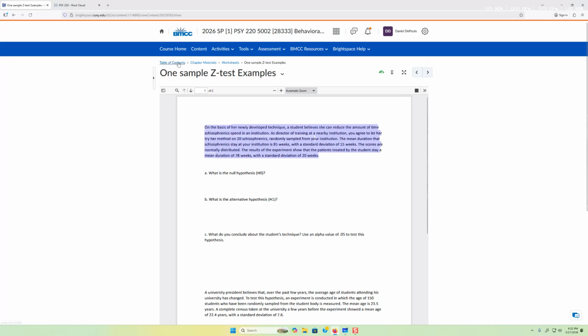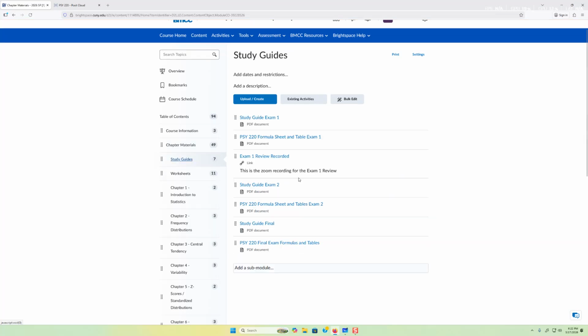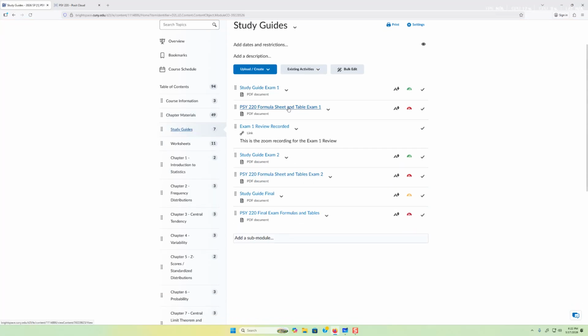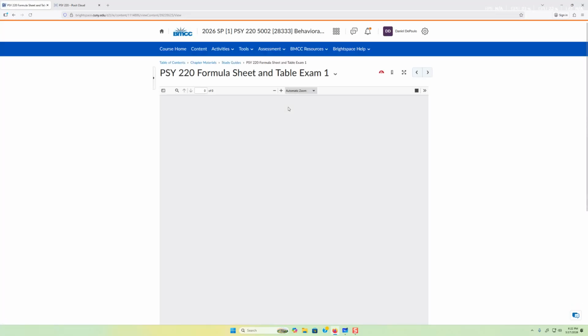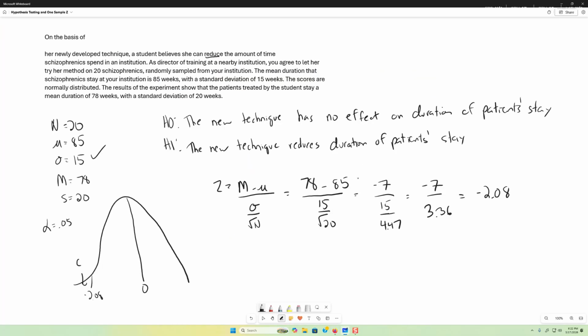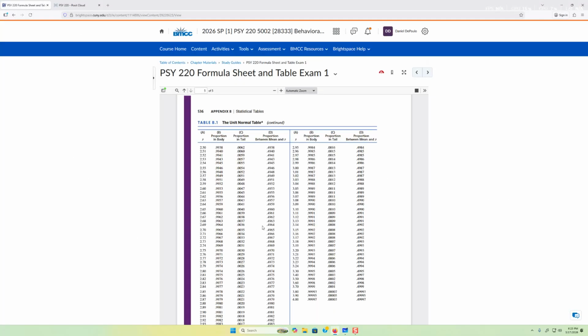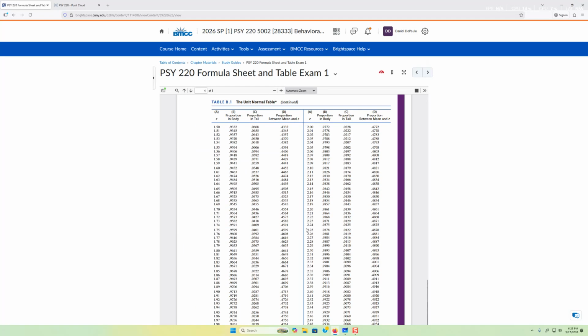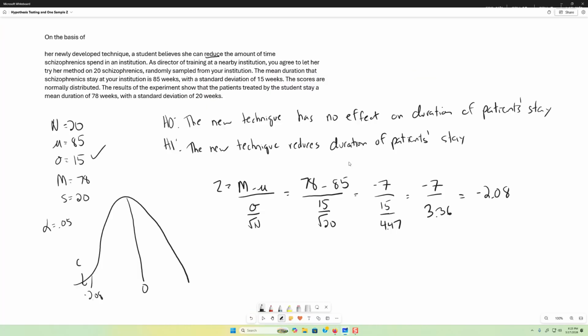We can find that probability by looking at our table, under the study guides. We have table 1 still here. We look up our t-value 2.08 in the table and look for column C. When we do that, we get 0.0188.